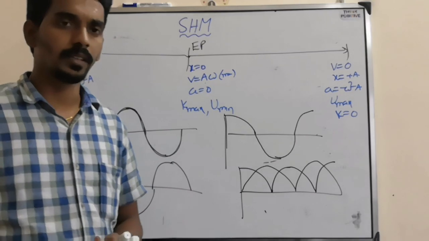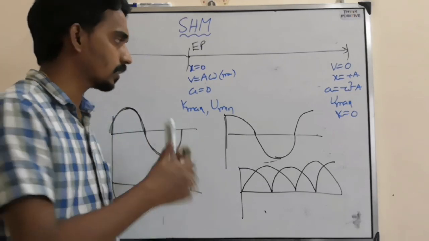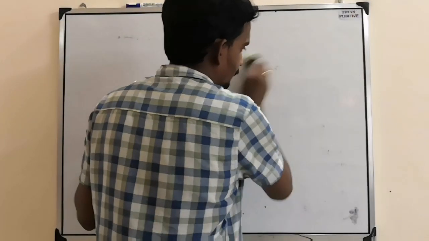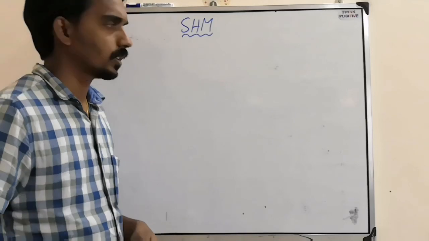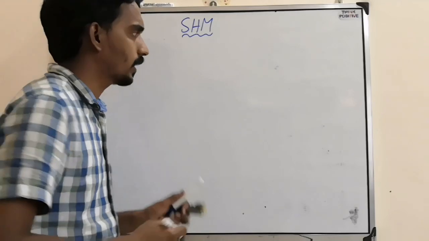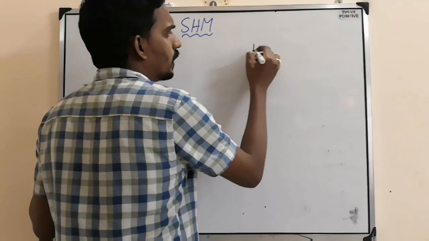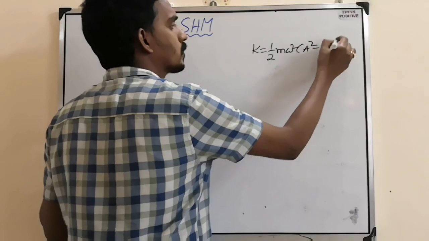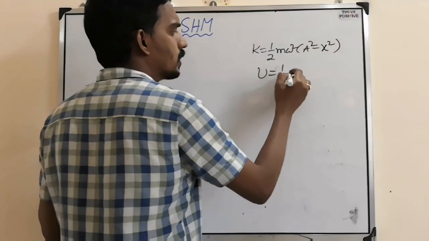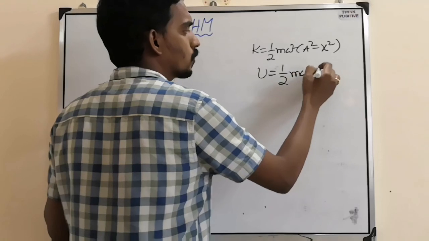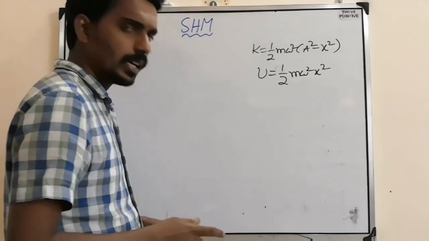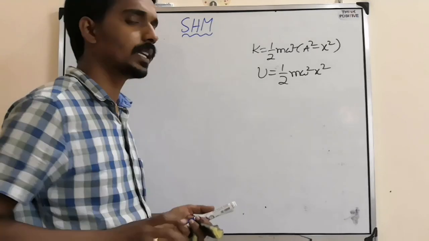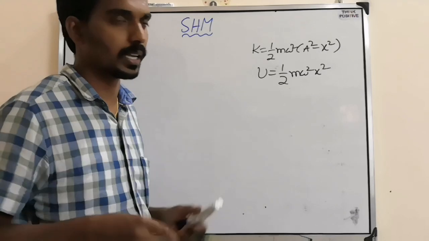Let's see further continuation. What else they can ask based on simple harmonic motion. The next kind of question is based on these energies. Kinetic energy is half m omega square (a square minus x square). Potential energy is half m omega square x square. They can ask at what displacement kinetic energy and potential energy are equal.